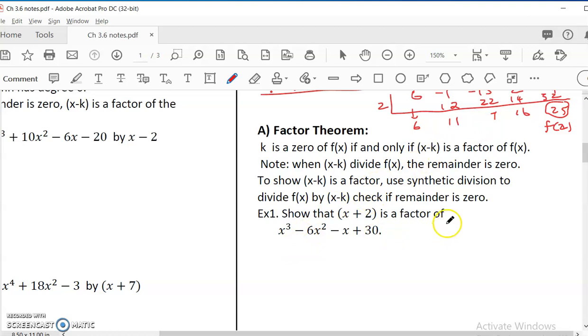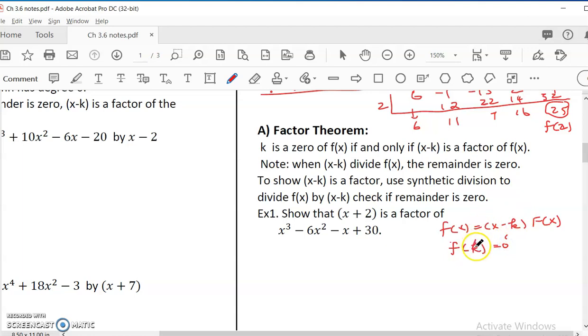If you can write f of x as x minus k times another factor, then of course this is 0 when you plug in x equal to k, because this side is 0. A zero is when f of x is equal to 0. So f of k is equal to 0.